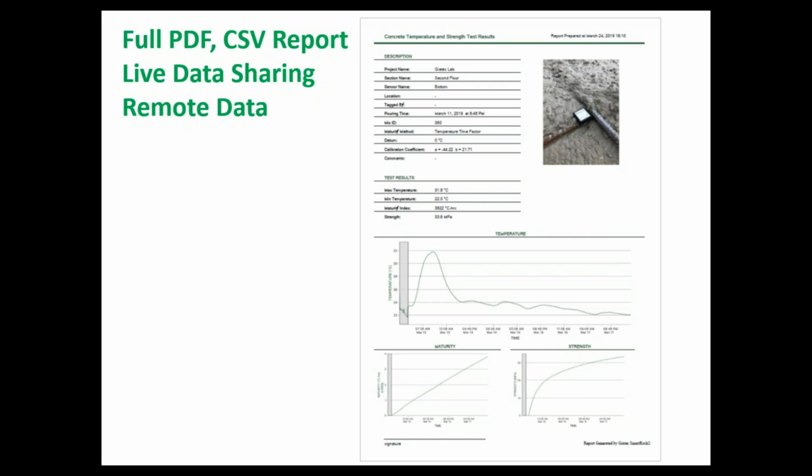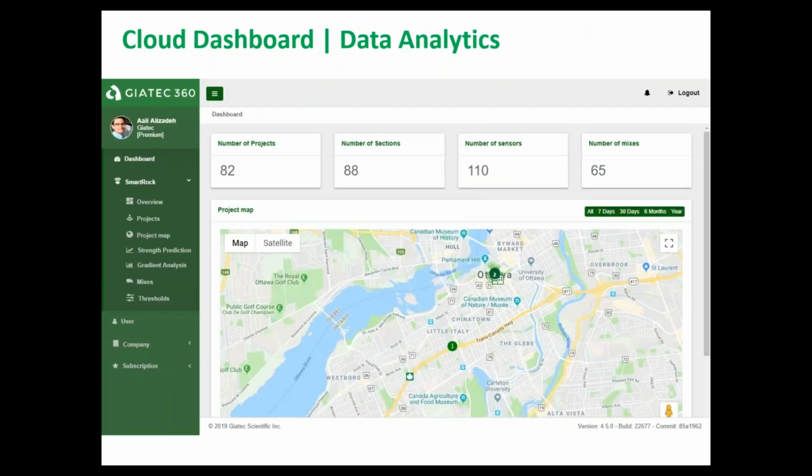So technologies like SmartRock save a lot of time in sensor installation, data collection, and data reporting, whether it's simply temperature and curing conditions or strength information and hardening behavior of concrete in your pour.